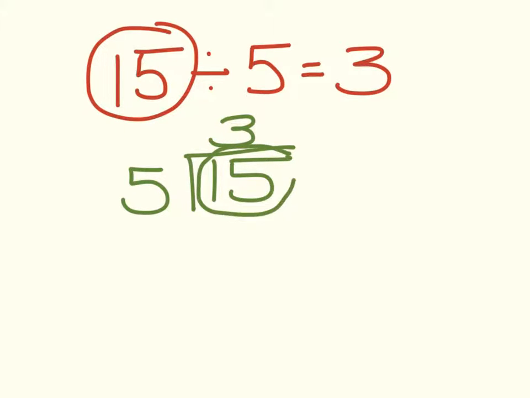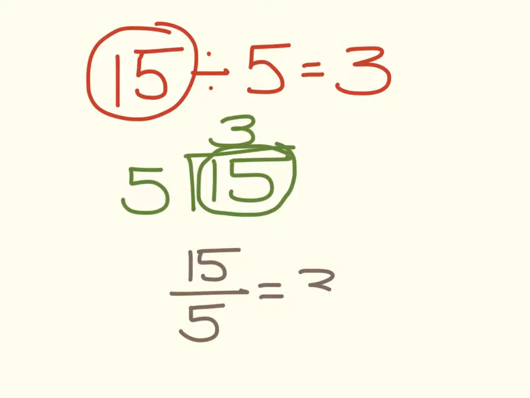Starting at the end, the dividend, it would be 15 divided by 5 equals 3. And then finally, if we had this one and read that one, hopefully you started right here and said 15 divided by 5 equals 3.